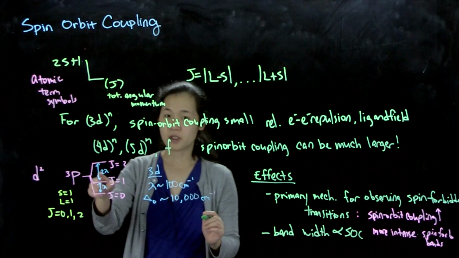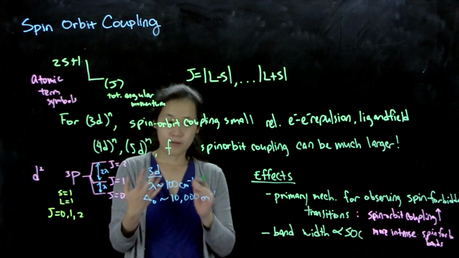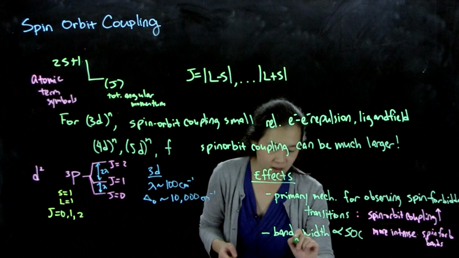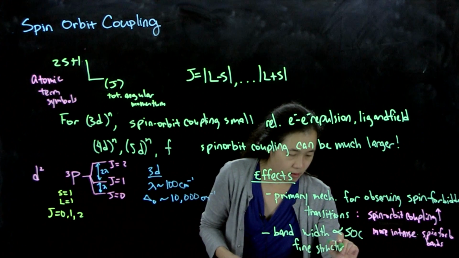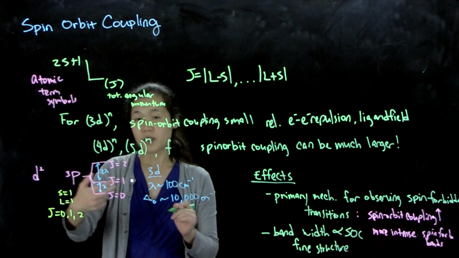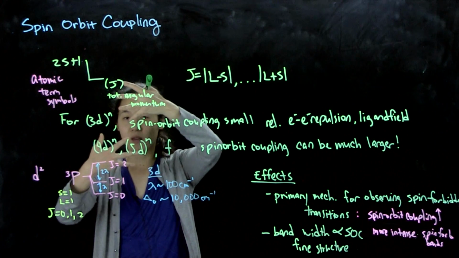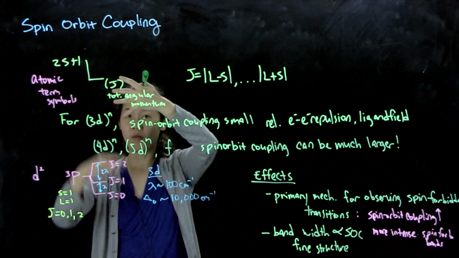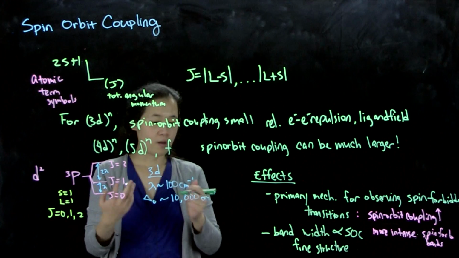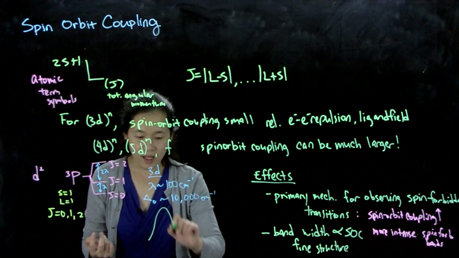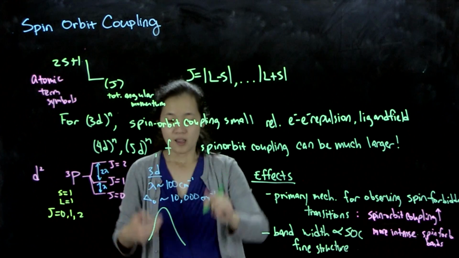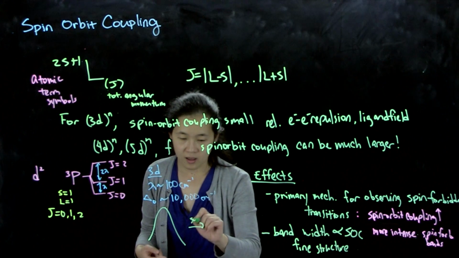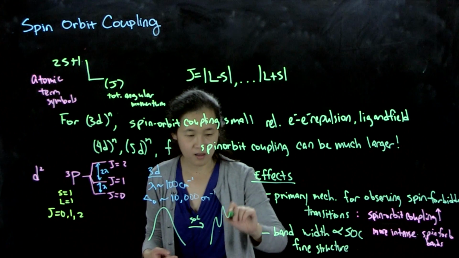In some cases, because of the splitting, you also might see fine structure within the band. Fine structure, because our ground state could be split, or our excited state could be split, by spin-orbit coupling. So we have multiple states, and we could have multiple transitions. Rather than seeing one band from a ground state to an excited state, if our ground state or excited state is split, then we might end up seeing something like this.